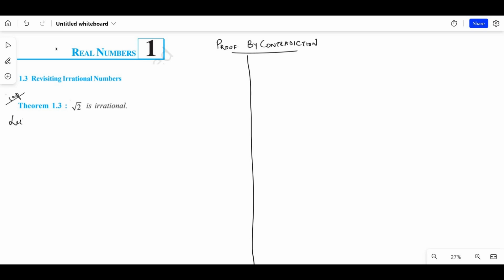Let us assume to the contrary that root 2 is a rational number.